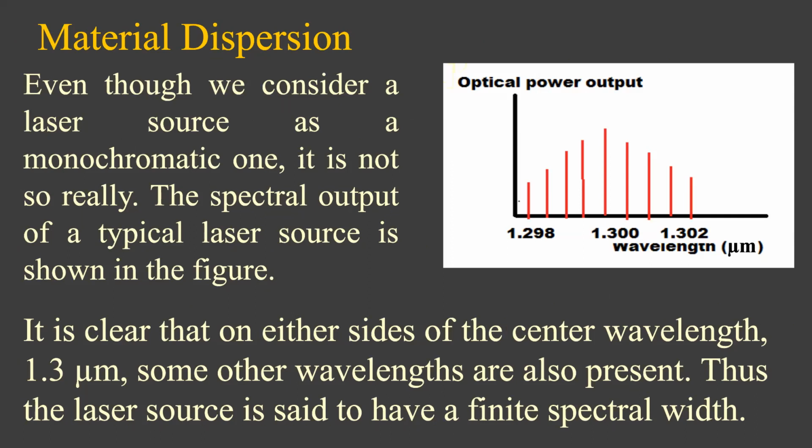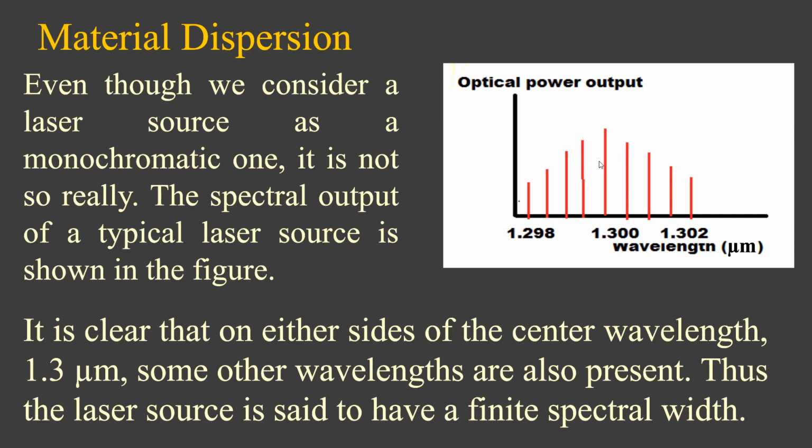The spectral output of a typical laser source is shown in the figure. You can look at this diagram. We say that generally the laser is a monochromatic source, meaning only one wavelength, but it's not true.